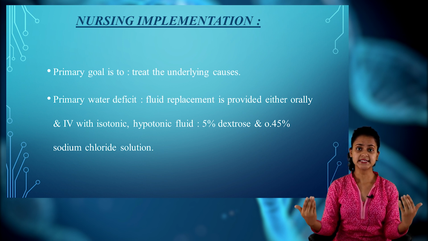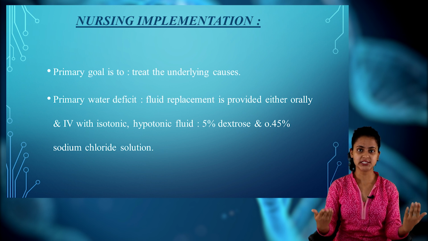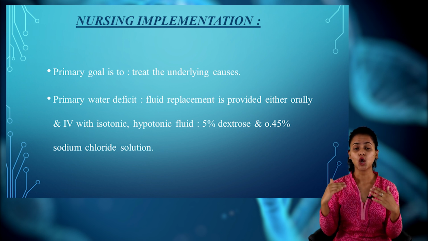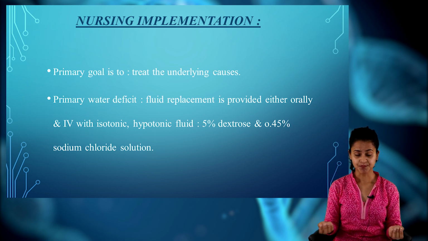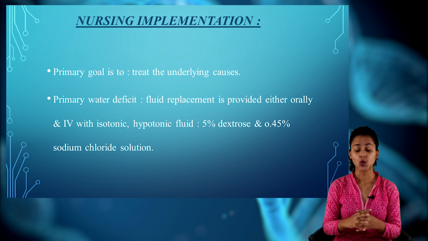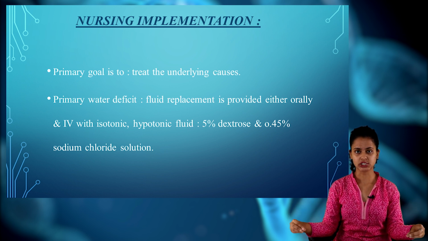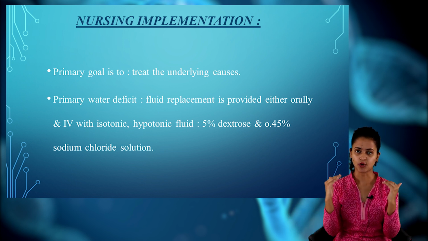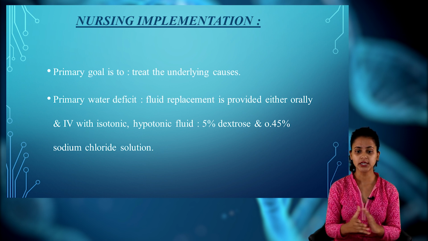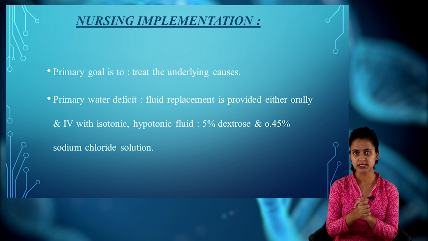Oral fluid intake will be encouraged for clients who are in a hemodynamically stable or conscious state. IV administration often will be suggested for those clients who have any contraindication for oral intake of fluid.